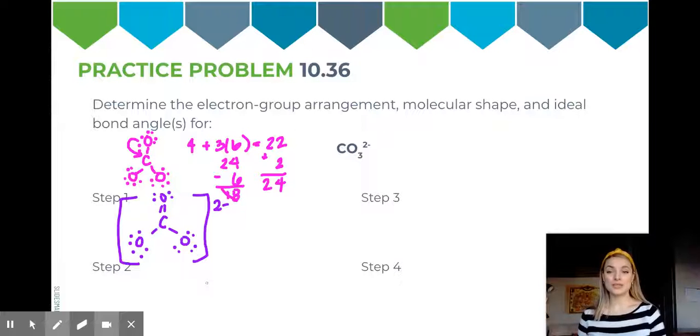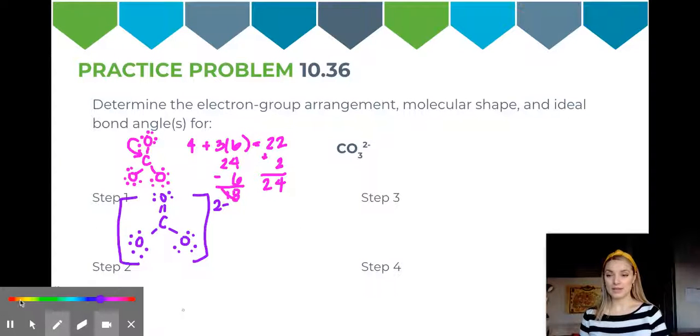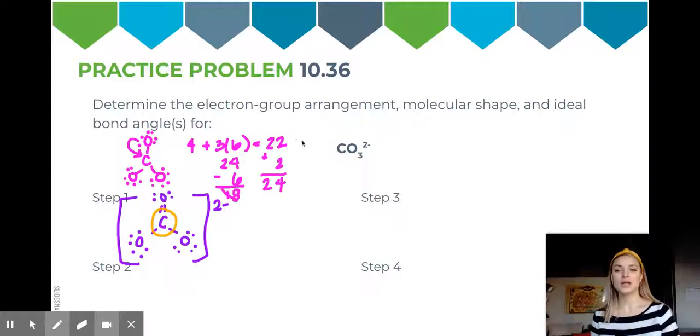Step 2 is to identify and assign my electron group arrangement for this molecule. So to do that, I need to look at my central atom, which is in this case carbon. Carbon has how many bonding and non-bonding pairs?